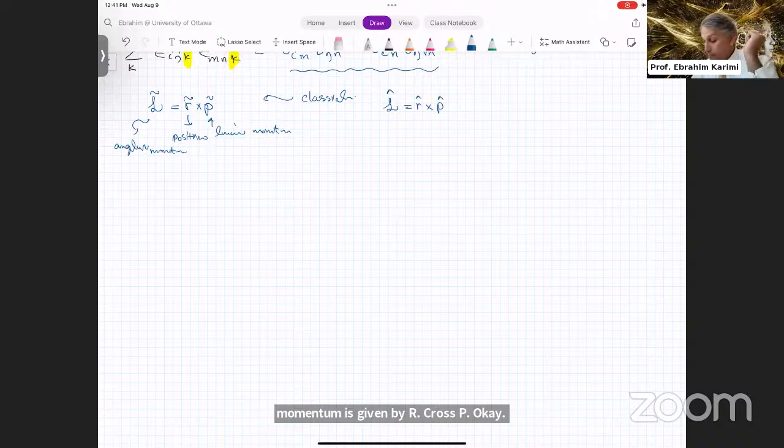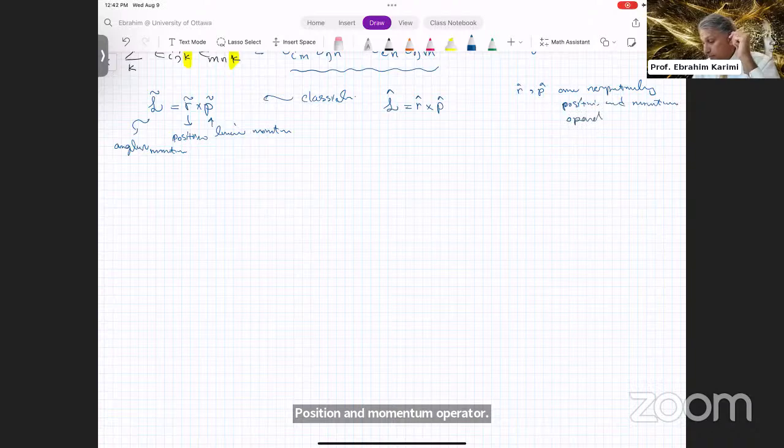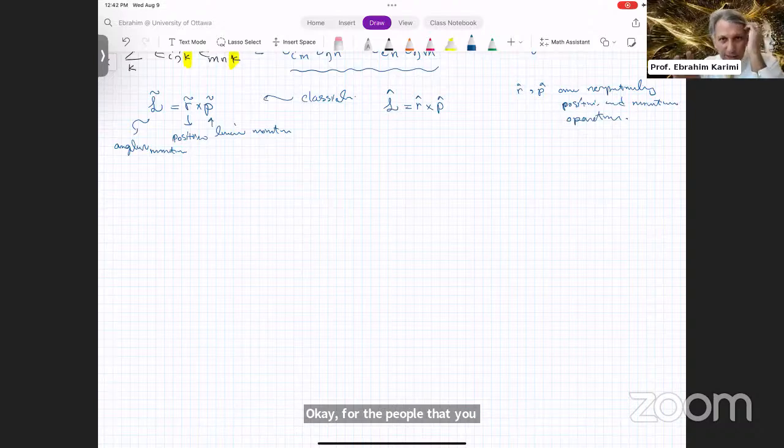Remember here, R and P are respectively position and momentum operators. For the people who have not taken the course of quantum mechanics, just don't get scared.